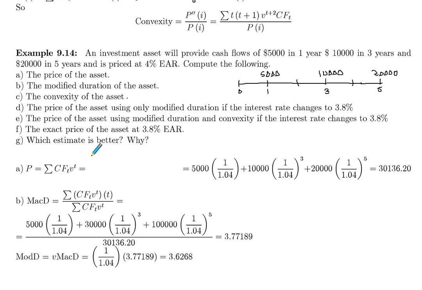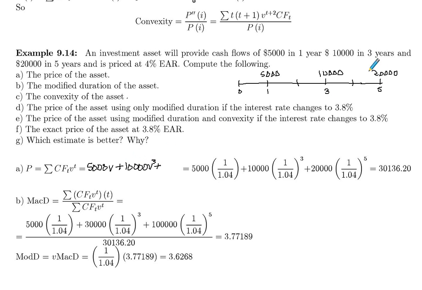Okay, well first let's price the asset. So the price of the asset is just going to be take the cash flows back to time 0. So you sum up cash flow at time t times v to the t, bringing it back. So we've got a $5,000 cash flow at time 1. That's going to be brought back by v. So this is going to be 5,000 v plus, and then we've got a $10,000 cash flow, and that is coming back 3 periods. 1, 2, 3, so it's going to be 10,000 v cubed.